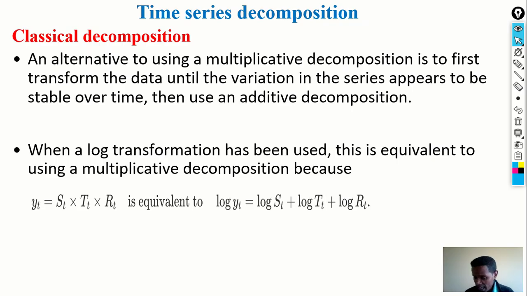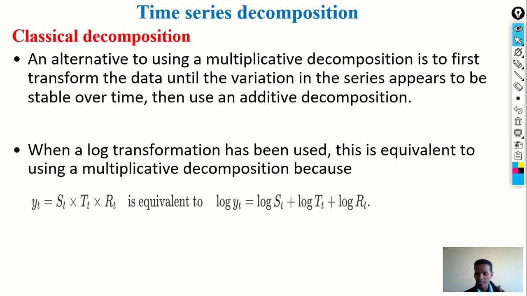An alternative to using a multiplicative decomposition is to first transform the data until the variation in the series appears to be stable over time. So if the seasonal variation or the variation around the trend cycle is changing over time, we can transform the data until that variation becomes stable.